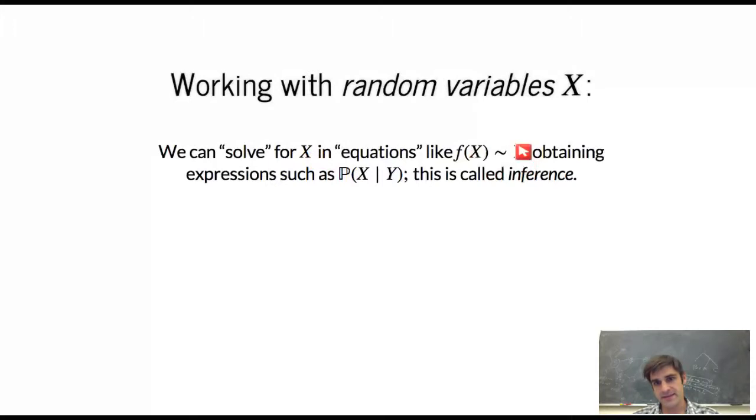And y is typically thought of as the data. We can think of this f of x is distributed according to y as there being some unknown hidden state that we would like to know about, this x. We have a bunch of data, and we have some function mapping the input states to the data. And we look for ways to solve for x.